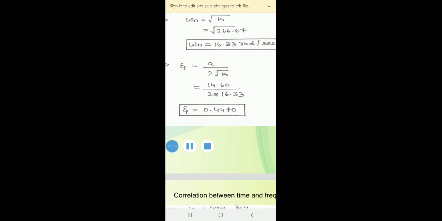Root k is nothing but omega n, so omega n is 16.33. So damping ratio is 0.4470.